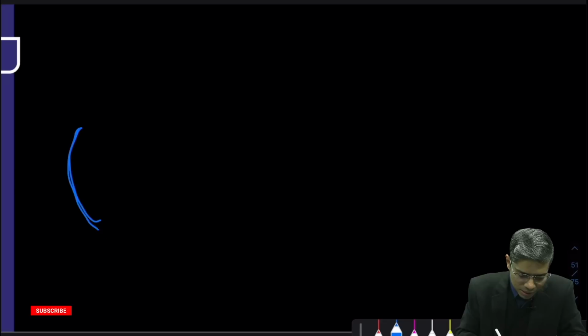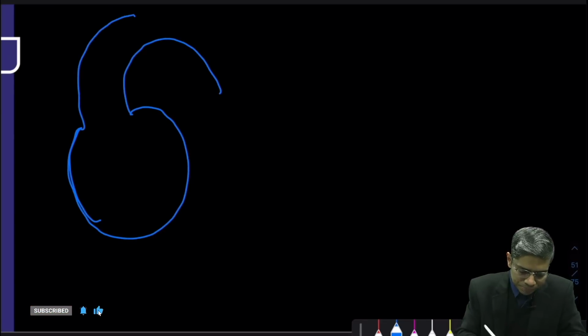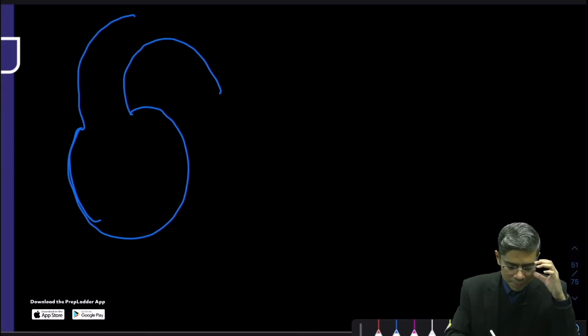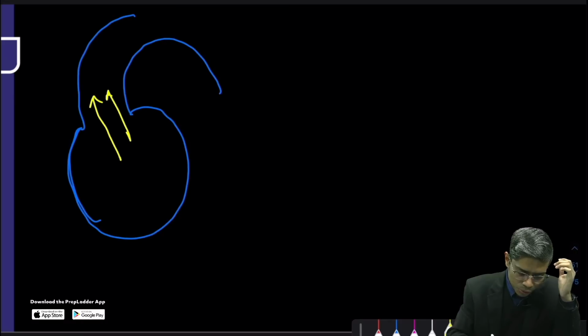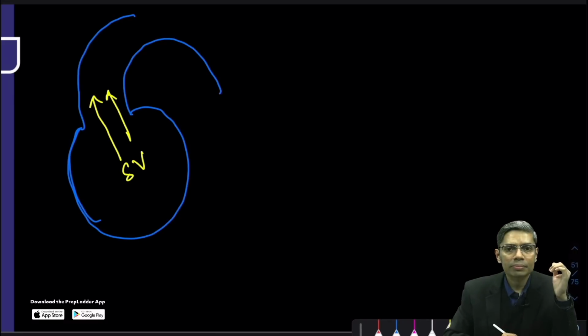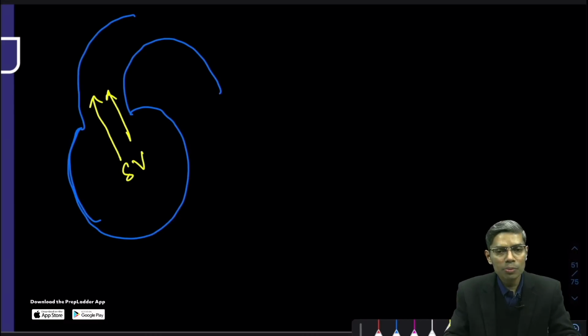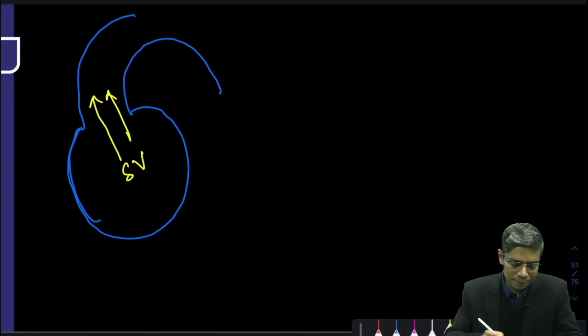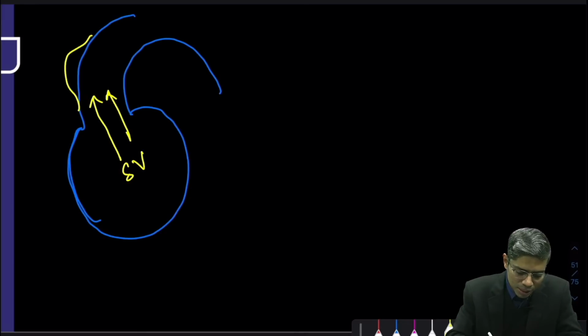Suppose this is the left ventricle, this is the arch of aorta. If there is ejection of a stroke volume, what will happen? There will be an increase in aortic pressure.